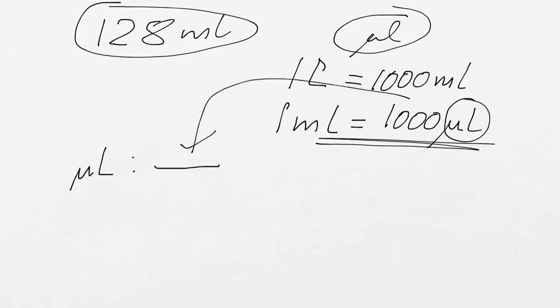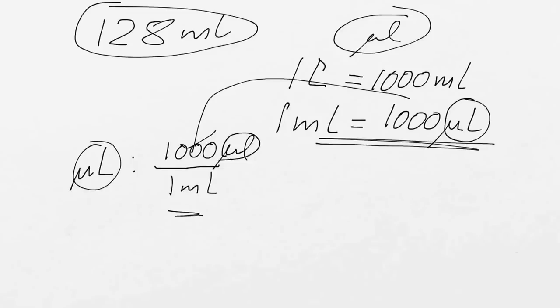Yeah? So I write 1,000 microliter in 1 milliliter. Okay? Now I've got my microliter up here, which is good because this is where I want it. But I have this annoying milliliter down here.